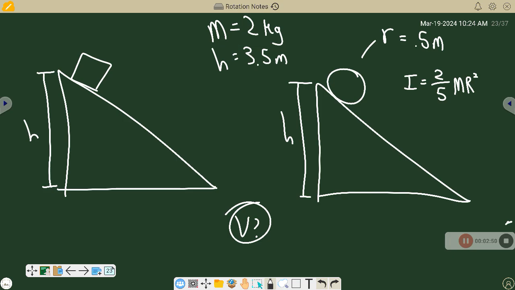And we've been told that the sphere has a radius of 0.5 meters, and the rotational inertia equation for a sphere is 2/5 mr squared. So what I want to do is compare their velocities at the bottom of the ramp. How am I going to do that? I'm going to use energy. It's going to be the easiest way to answer this question.